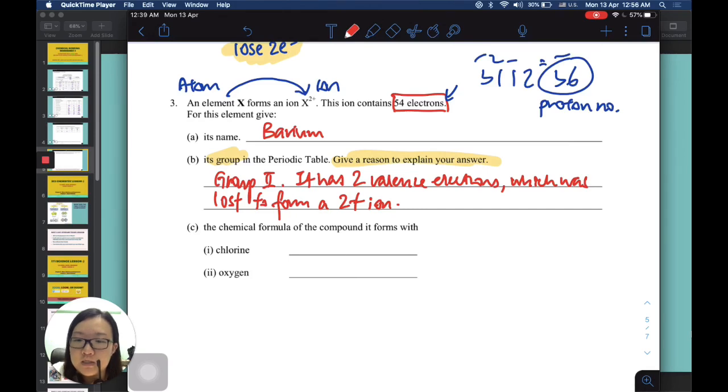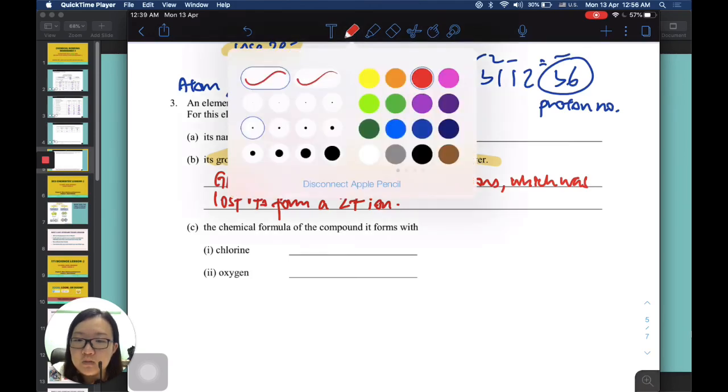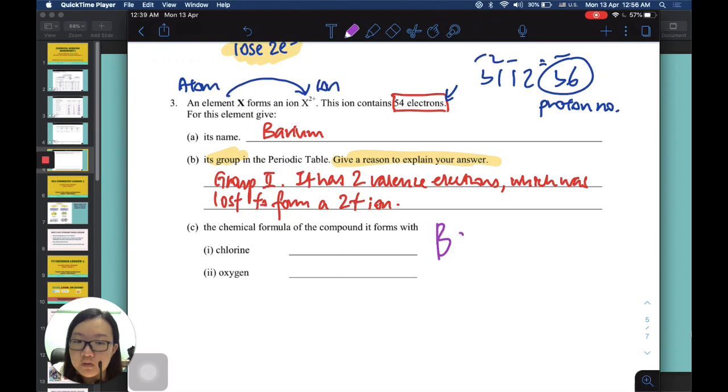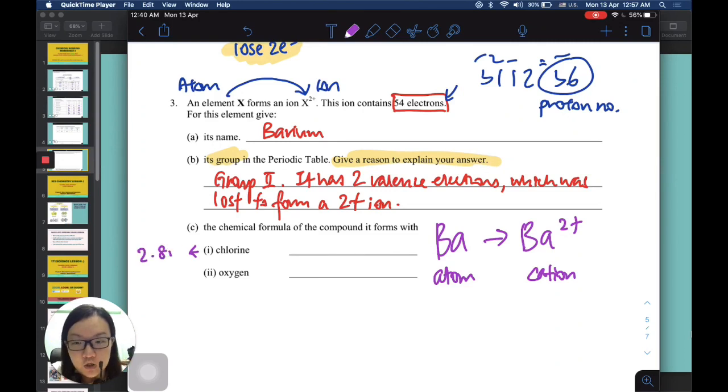Okay, finally, part C, the chemical formula of the compound that barium will form with chlorine as well as oxygen. So barium atom forms Ba2 plus cation. And then looking at the non-metals, number 1, chlorine, it is 2.8.7, so it will gain 1 electron to form chloride, Cl-.